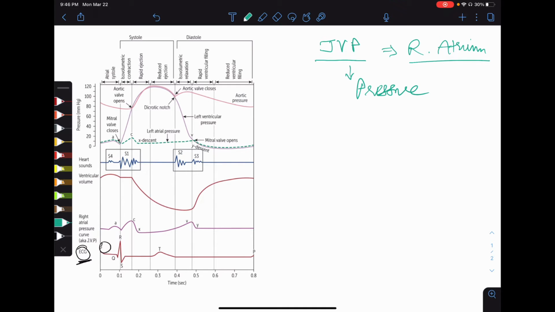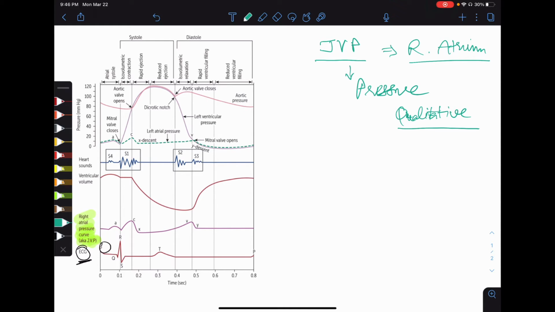At the clinical bedside, it will be qualitative. It is possible to get the quantitative also, but we are talking about the qualitative. So to look at, this is the right atrial pressure curve, your JVP.